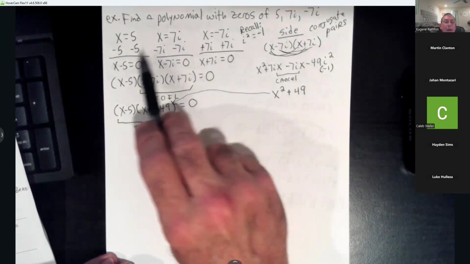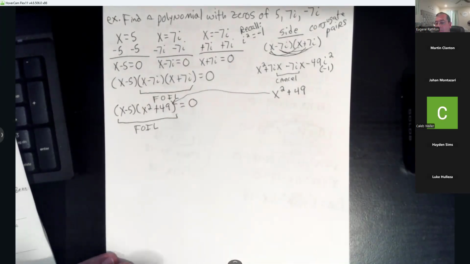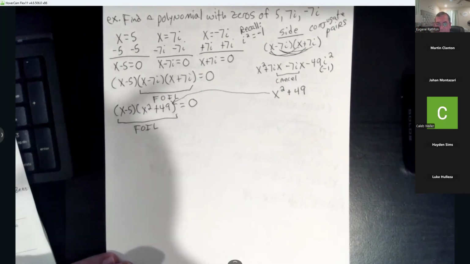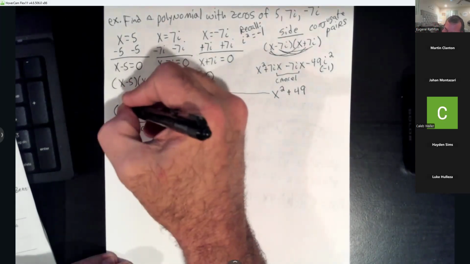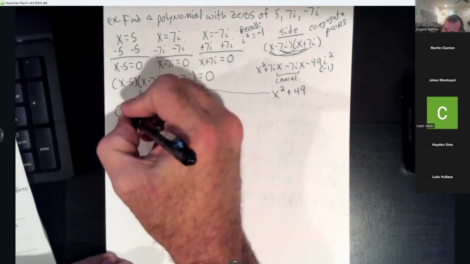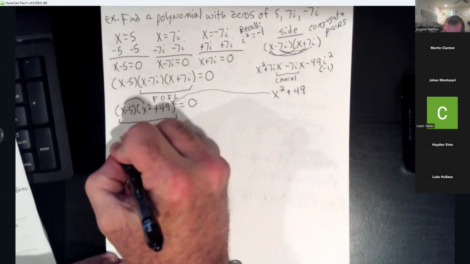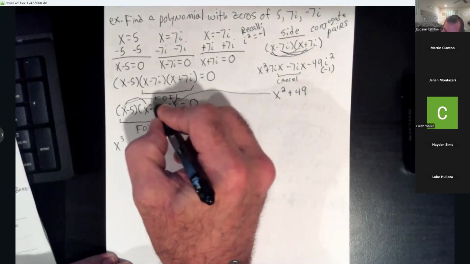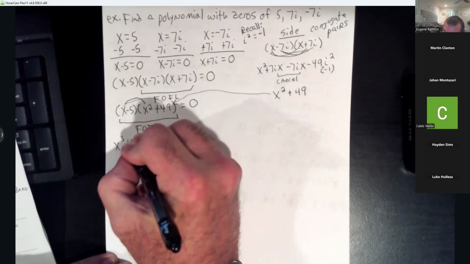Now I had 3 zeros, so once again, my highest exponent has to be a 3. Okay, your highest exponent cannot be higher than the number of zeros you got. All right, also, x times x squared, 1 plus 2 gives me x cubed. X times 49 is a 49x.